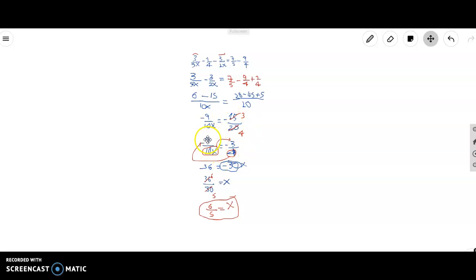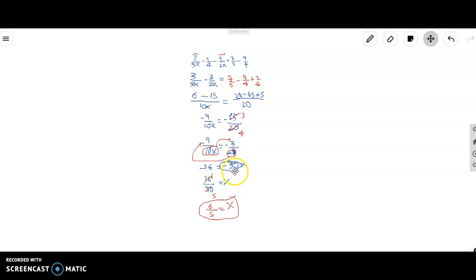And then we have a fraction and a fraction, but here we have the variable in a denominator, so we do cross multiplication: this number comes to multiply the 3, and the 4 comes to multiply the minus 9, and we got 36 equals minus 30x.